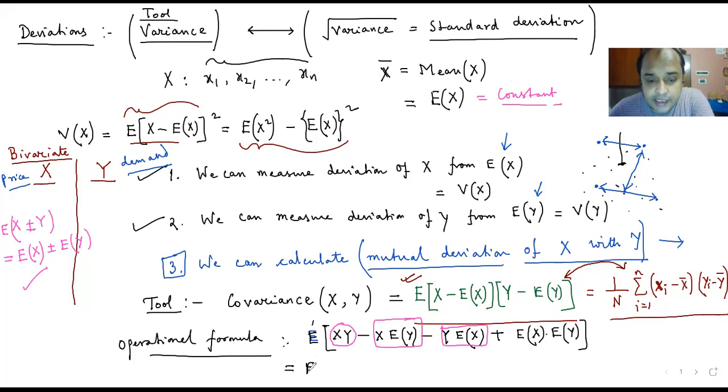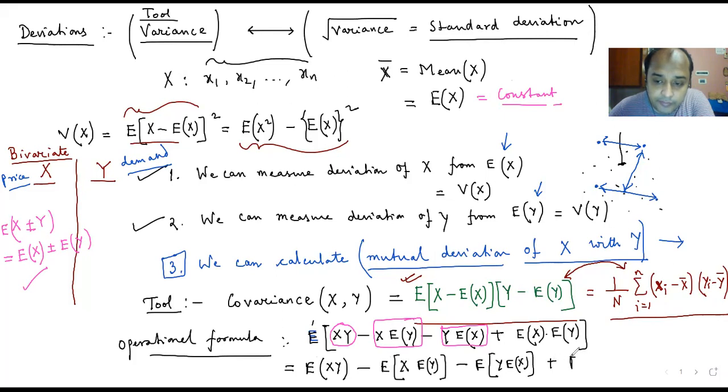We can write it as the expectation of xy minus the expectation of x into Ey, minus the expectation of y into Ex, plus the expectation of x multiplied by the expectation of y.